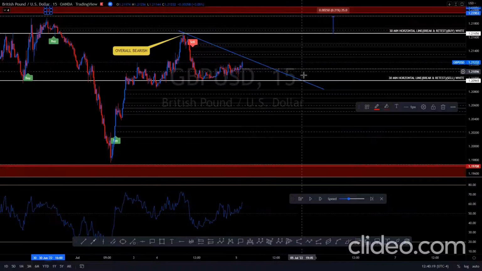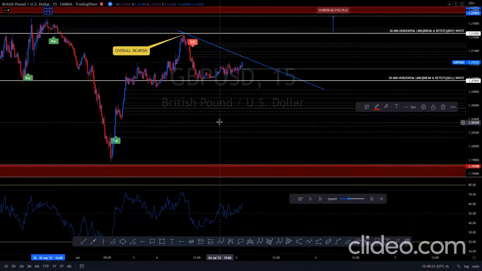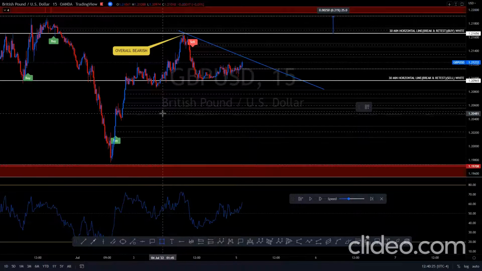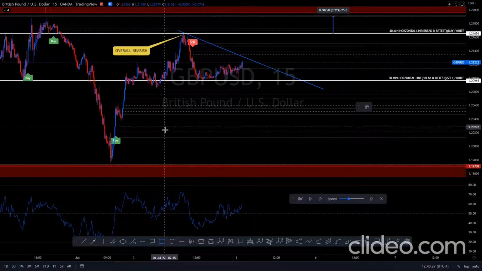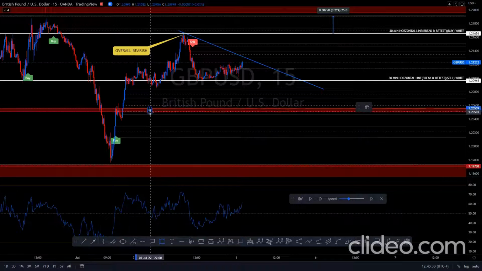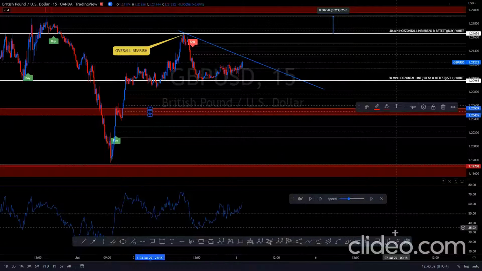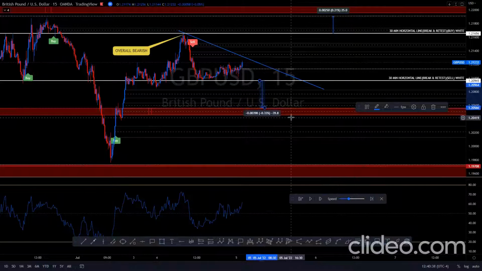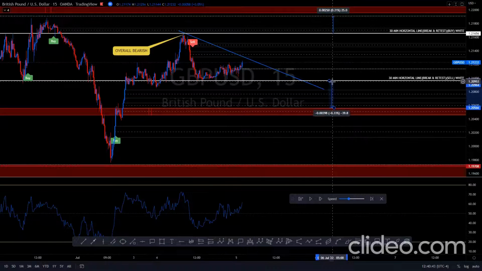Then as far as selling, I would be looking for price to at least come down maybe to this zone or this zone. So I'll probably be drawing a zone here and then be looking to get 10 to 20 pips down to here, which really this would be 36 pips. So that's what I'll be looking for. And of course, I'll be putting my risk to reward tools in place.